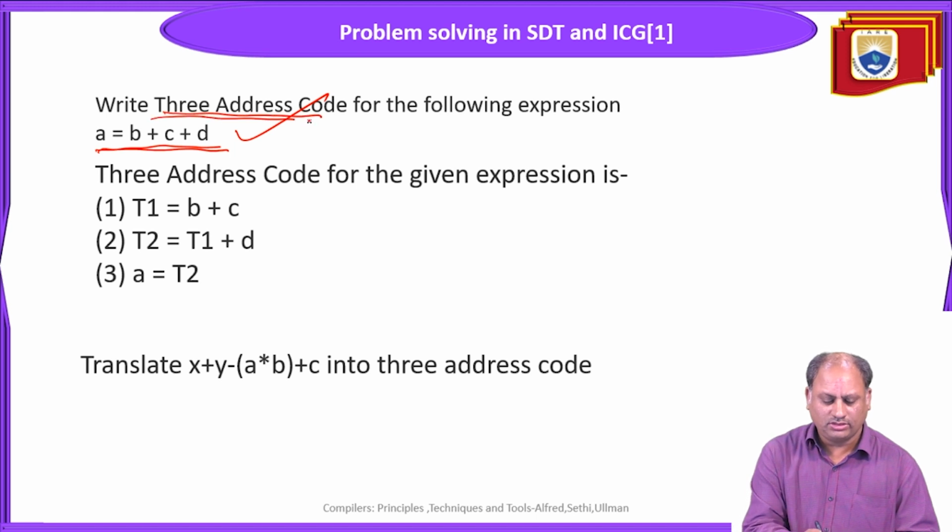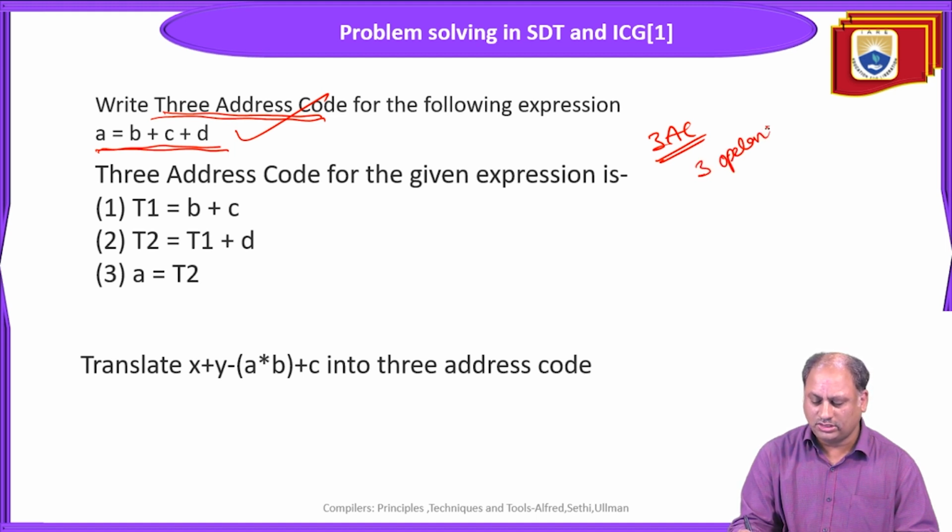Here a three address code represents mainly three operands and at least one operator. It contains a maximum of three operands, and at least one operator is required. This is the requirement to fulfill the three address code notation.